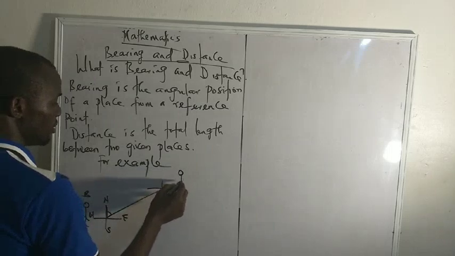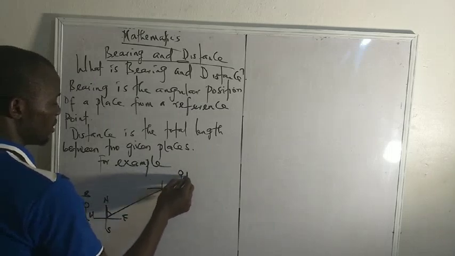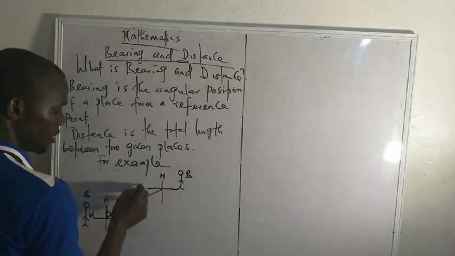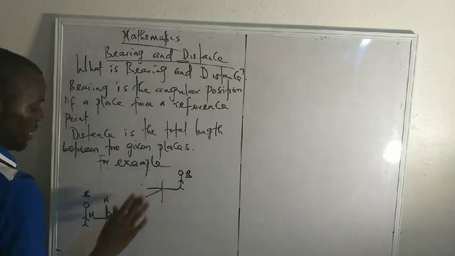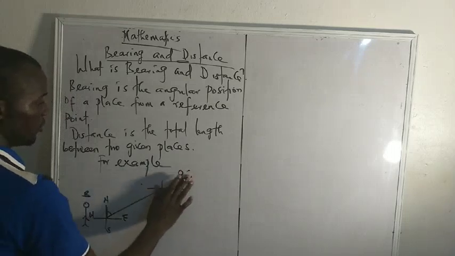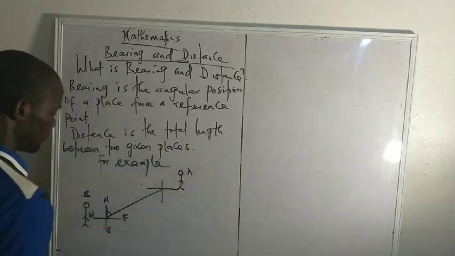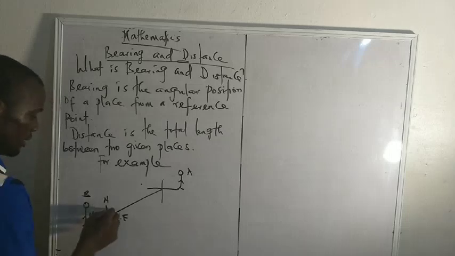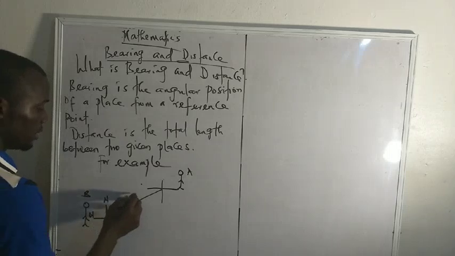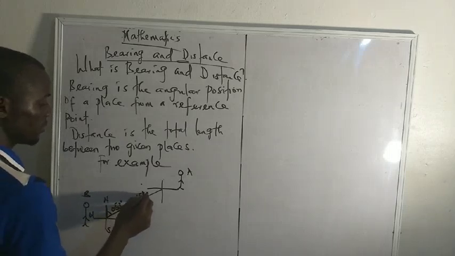This is boy B, boy A rather. Let's say this angle is 053 degrees. This is 15 kilometers.